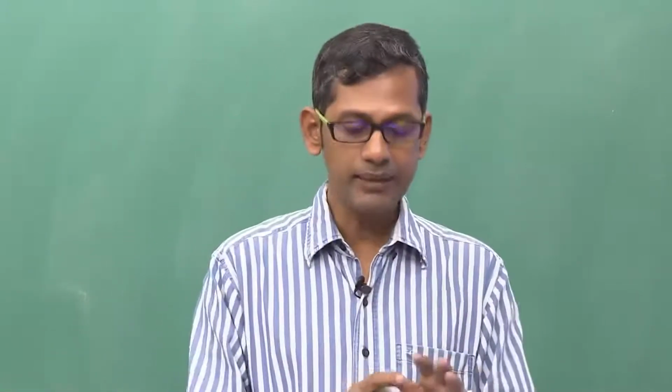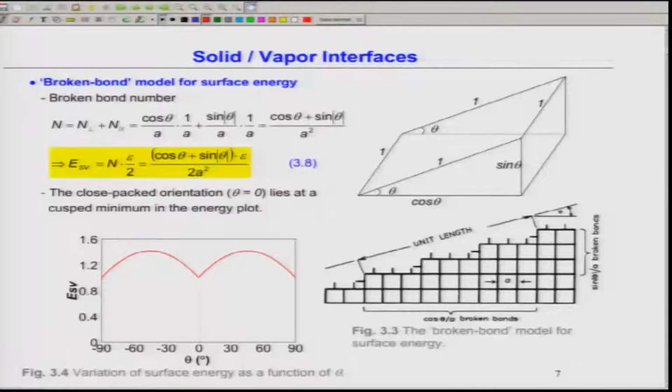That is the main conclusion of this kind of analysis for the solid vapor interface. The conclusion is that there are curves in the surface energy plots, and these curves have minimum points at certain values of theta.